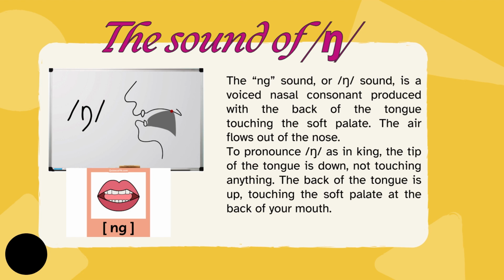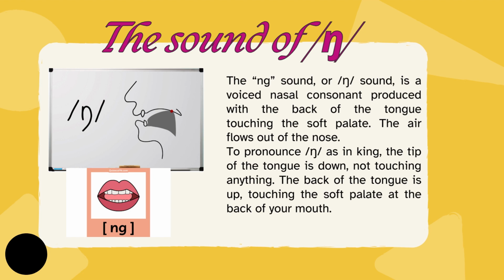The air flows out of the nose. To produce the ng sound, as in king, the tip of the tongue is down, not touching anything. The back of the tongue is up, touching the soft palate at the back of your mouth.